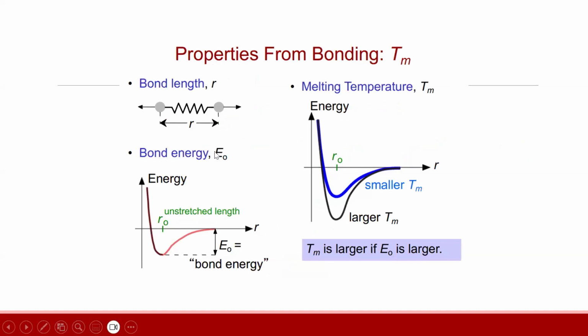Okay, I told you this one before as well. Bond length is very important. That is R, and depending on the bond length, you can see how the energy is changing. The bond length for the minimum energy is important for us because that is the most stable distance that the two elements can have.